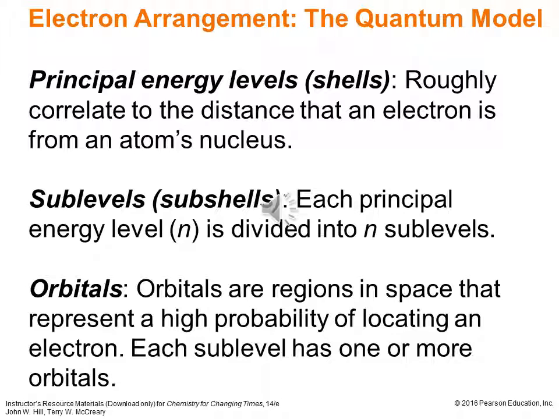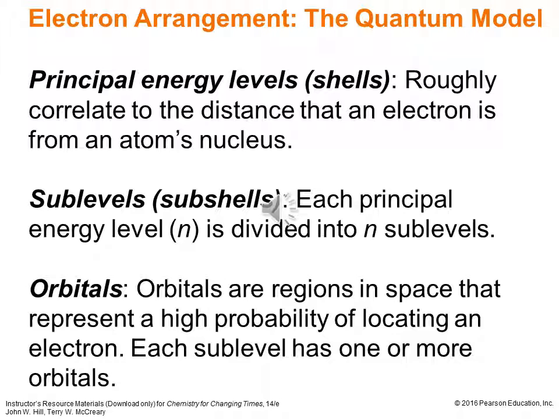If we go to period 2, starting with lithium, now we have principal energy level 2, we'd have 2 sublevels, the s and the p sublevel. So every time we go up in a principal energy level, we gain a new type of sublevel.